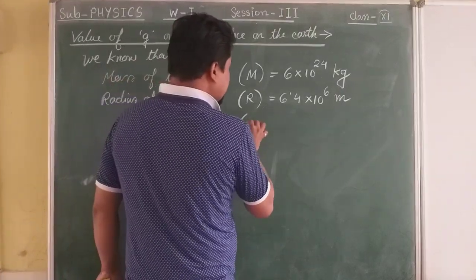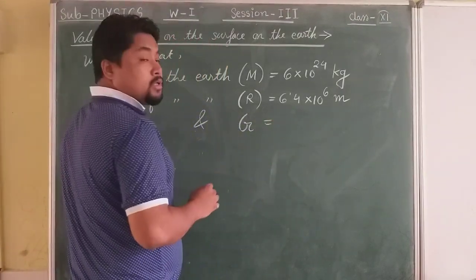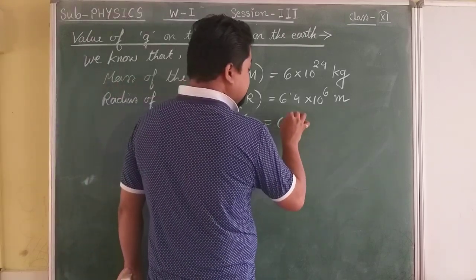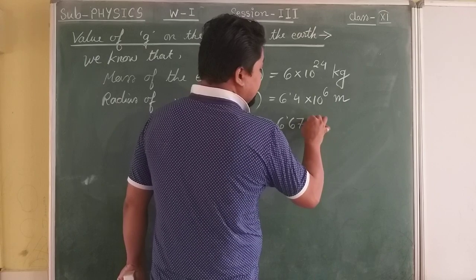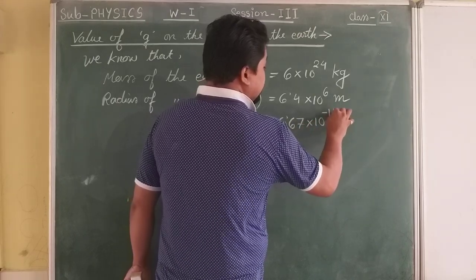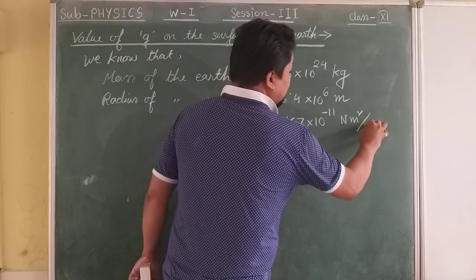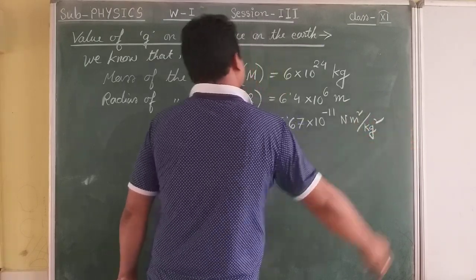And G, universal gravitational constant, 6.67 into 10 to the power minus 11 Newton meter square per kg square.